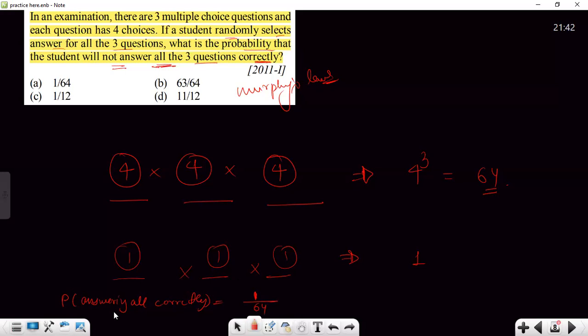So let's call the event of answering all the questions correctly as pass, as P. What we need to find out is just the opposite. So it will be 1 minus probability of event P. 1 minus 1 by 64 should be our answer. 64 LCM, 64 into 1, 64 minus 1, 63 by 64. Option B is the correct answer.